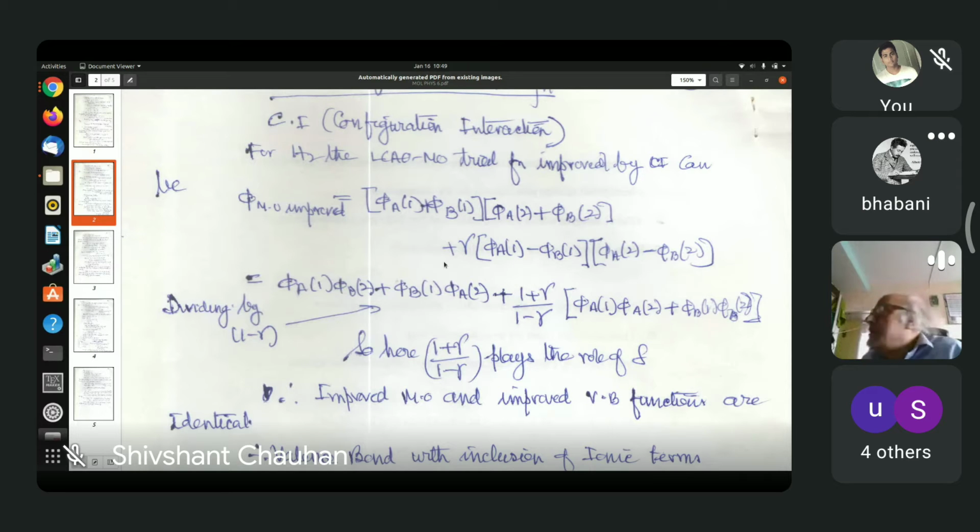Exactly. Because the lowest molecular orbital is of the form phi A1 plus phi B1, and the next molecular orbital is of the form phi A1 minus phi B1. We know that phi A1 minus phi B1 gives you a U state, ungerade. But the ground state should be a gerade state.